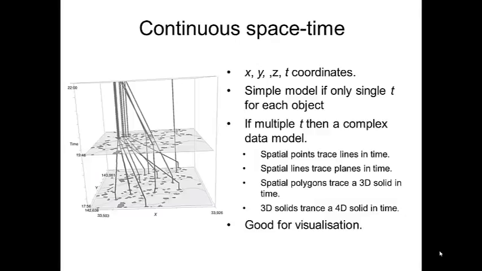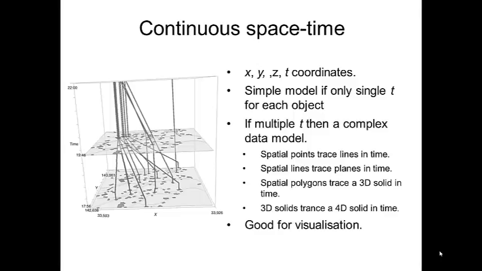So to me, a continuous space-time model is where you record x, y, possibly z, and t coordinates, and you associate them with your space-time object. And that's okay if you've only got one time for each object. So if you had a set of points and just one time for each point, earthquakes, this earthquake occurred on this day at this time.